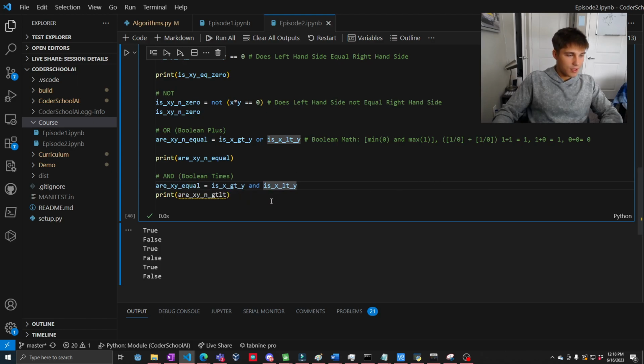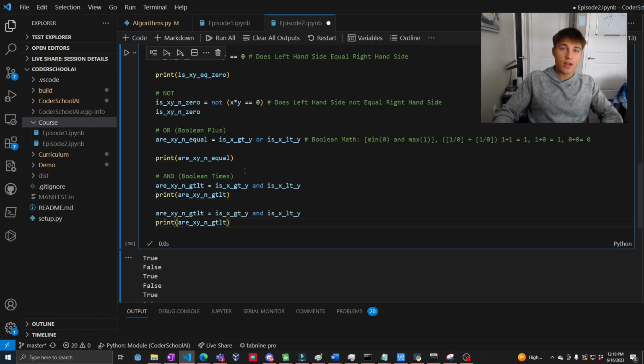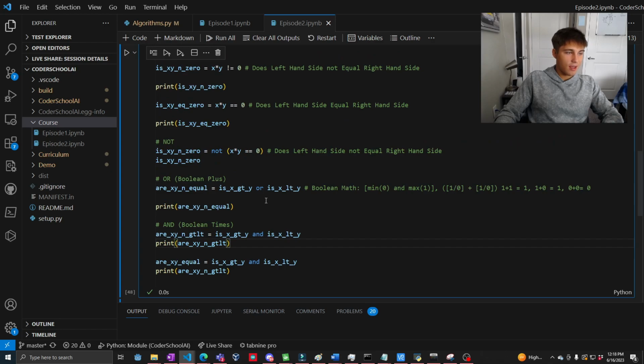Now, I'm actually going to copy this, paste that down here, and I'm going to let you guys at home take a crack at making x and y equal. I'm going to let you guys take a crack at what we have so far, right? We should use what? And. It's Boolean times.